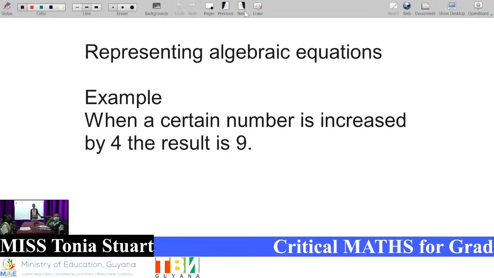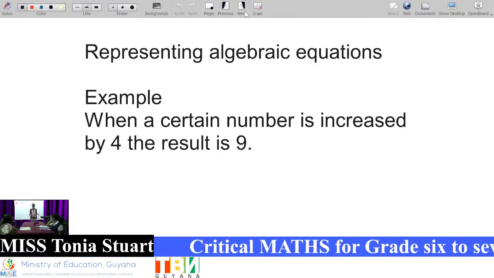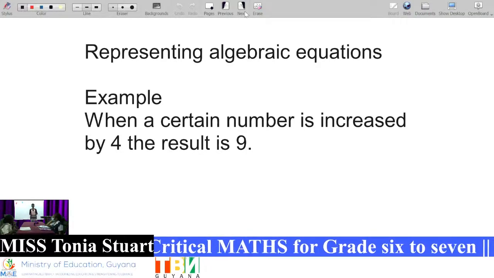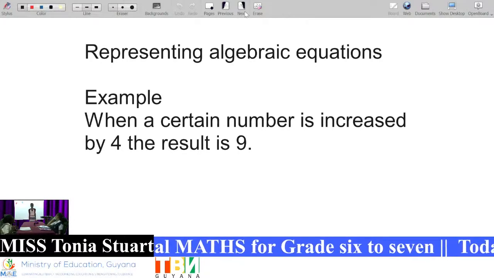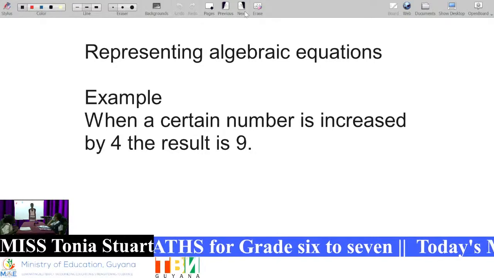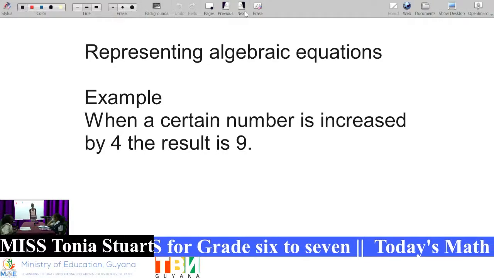So how would you represent that as an equation? We do not know what the certain number is, so you replace that certain number with a letter. What do we call a letter? There's a special name for the letter. It begins with V. Variable.